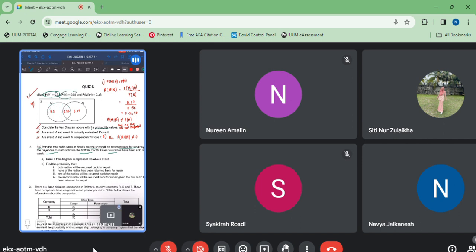This one is the probability of N and this is the intersection. Whenever they give intersection, you just straight away put inside the intersection place. So the balance over here is basically the whole M, 0.58, minus 0.33. Then you'll get 0.25. Is this clear?